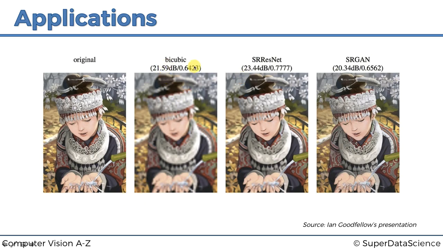So there's bicubic, there's SRResNet, and then there's super resolution by GAN. And you can see that the GAN did a really good job, even though this one's a bit smoother. You can see that it's quite crystal crisp.